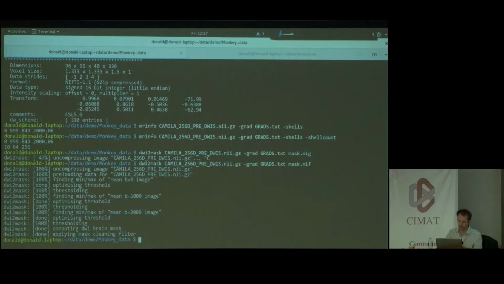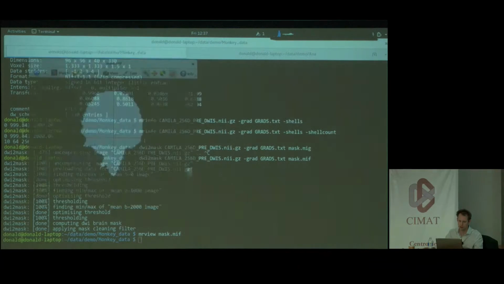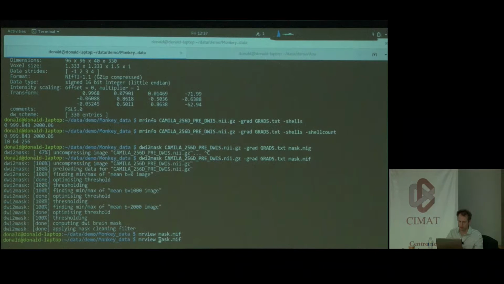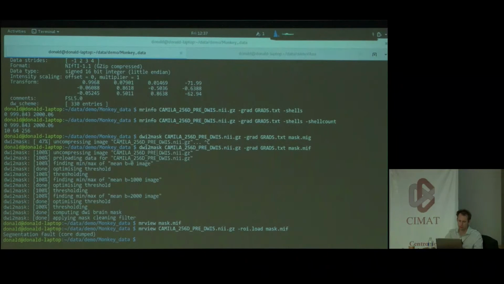Okay. So this is where we find out if the mask is appropriate. If you want to check the mask is appropriate, I can do that, and oh well, nothing's perfect.